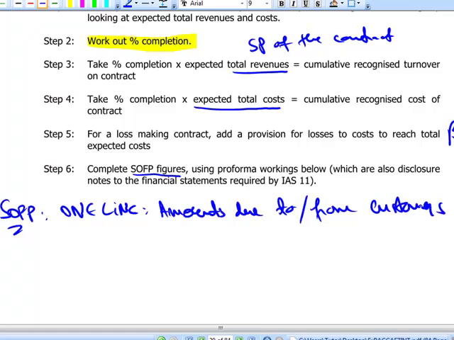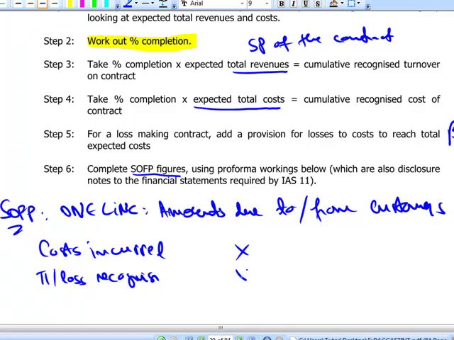And that can be calculated using the following pro forma. Costs incurred, which is X amount. Any profit or loss in the contract that you already recognized to date, which can be, if it's a profit, you add it up. If it's a loss, you deduct it.